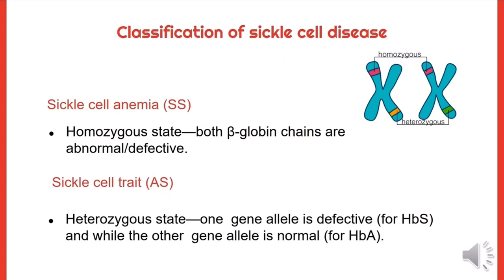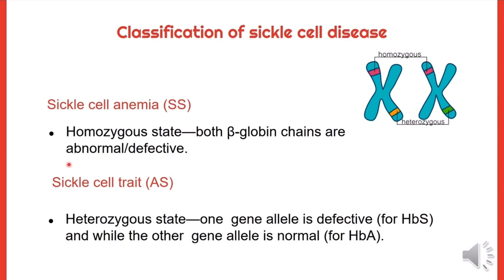Classification of sickle cell disease. We have sickle cell anemia and sickle cell trait. In sickle cell anemia, there is a homozygous state, and the person will inherit two mutated alleles of the beta globin gene, so both of the beta globin chains will be abnormal or defective.